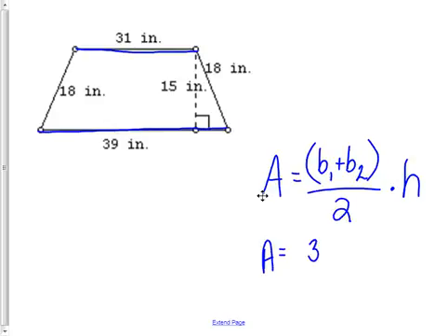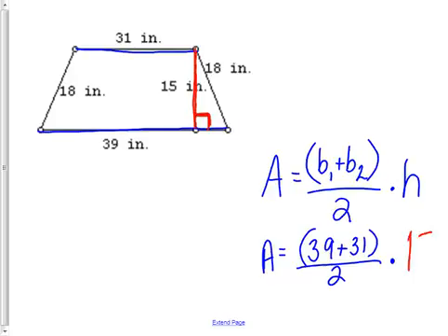So we're going to do 39 plus 31, which is 70, and divide that by 2. That's going to give me 35. And then my height has to be perpendicular to my two bases. So it's going to connect the two, and it's going to make a right angle at the point where it intersects both of them. So my height in this case is 15 inches.